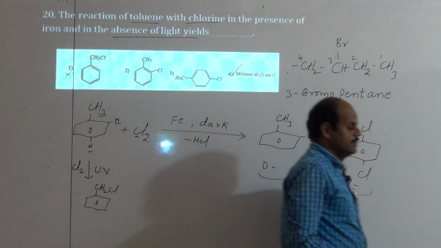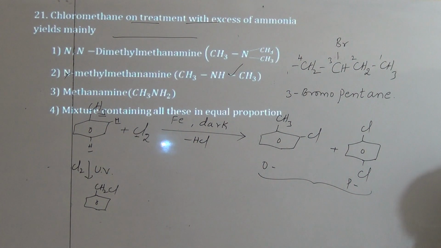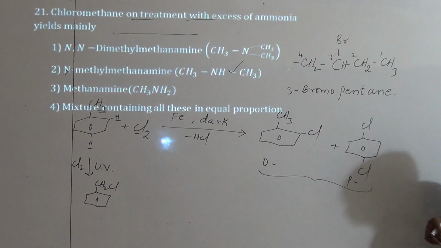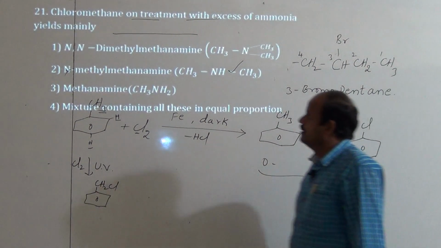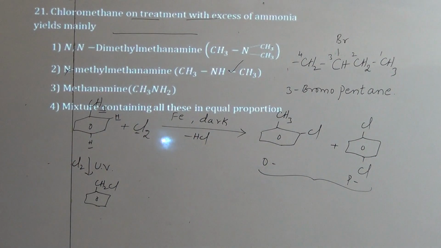Next bit. Chloromethane on treatment with excess of ammonia yields mainly. Here, chloromethane. Chloromethane means what is the formula? CH3Cl.